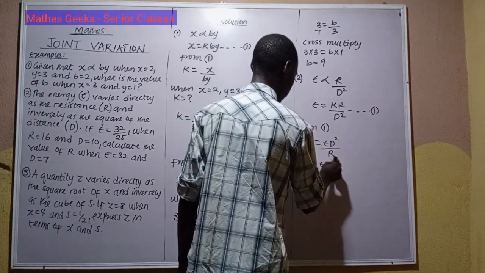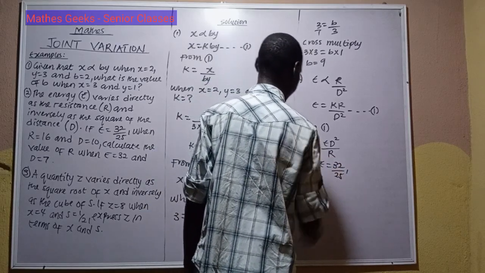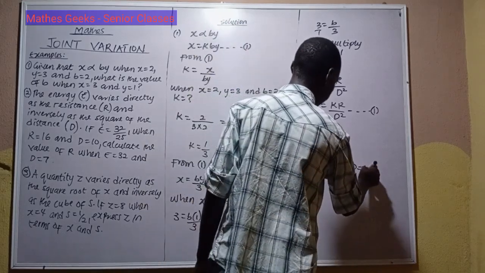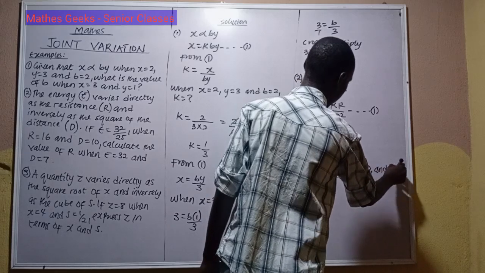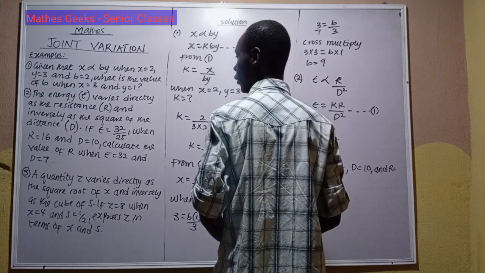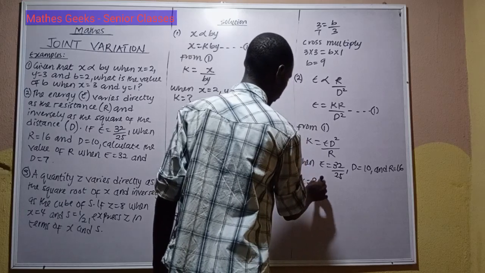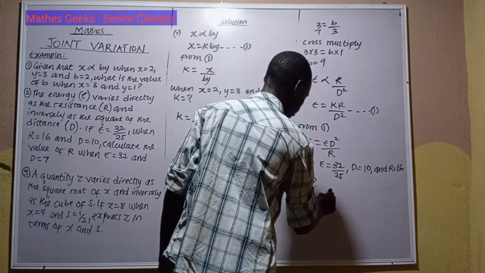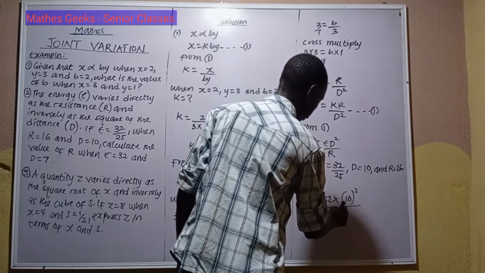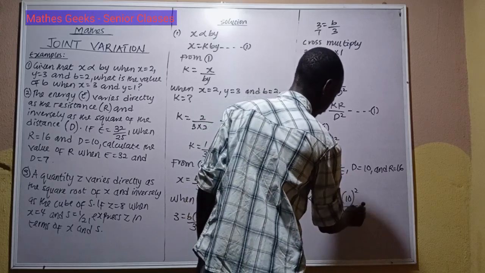When E is 32, d is 10, and R is 16, so Q is equal to 32 times 10 squared over 25 times 16.